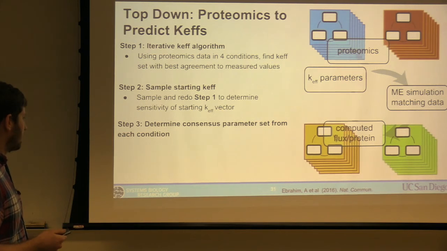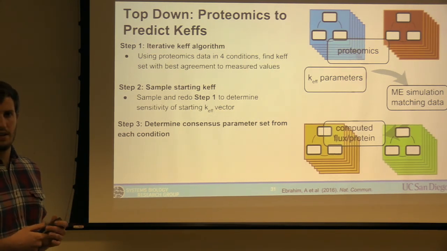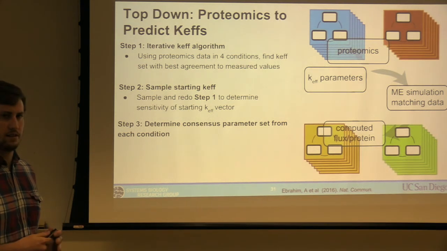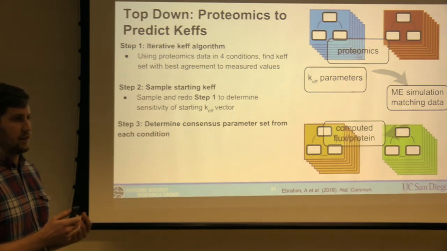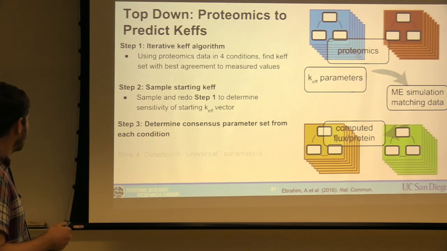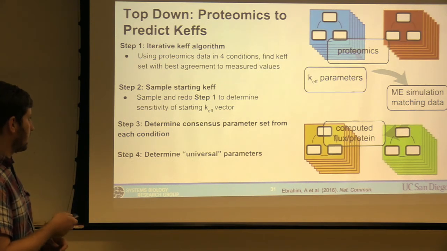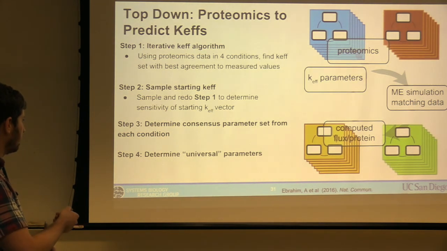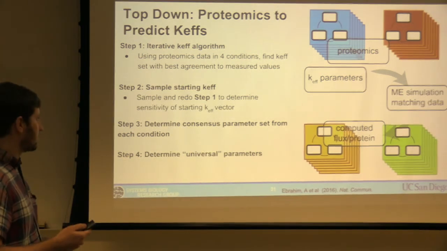As a result, we could figure out which proteins across all the different data sets had the biggest effect on making the prediction with proteomics data better or worse. And then based on the agreement between all 4 proteomics data sets, we could get a set of universal parameters. So these are universally high-confidence K-effective parameters.